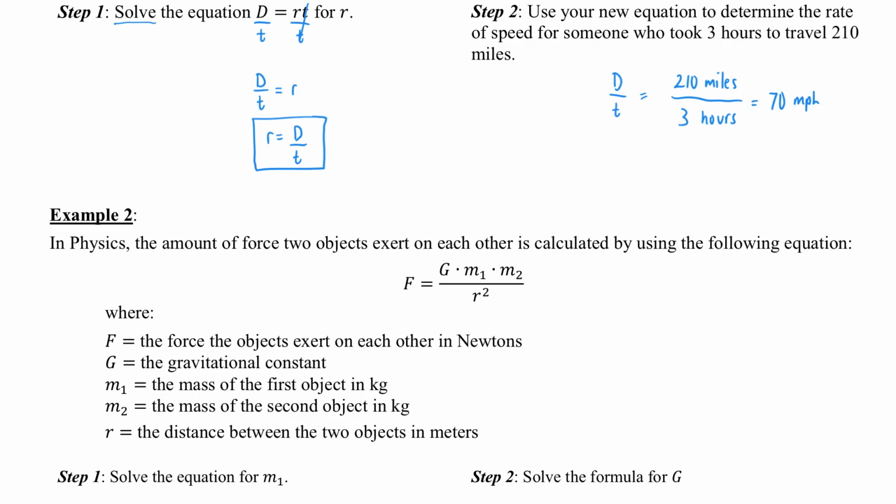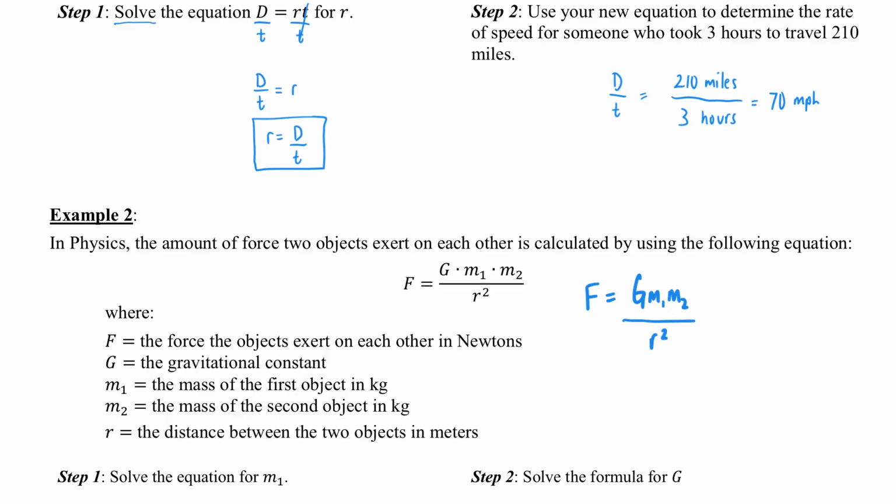So, okay, so basically this equation here, you don't really need the multiplication signs. The idea here is that you have F is equal to G times M1 times M2, and it's all divided by R squared. Okay, so G is the gravitational constant. It's just a number. It's a really, really small number. And then M1 is the mass of the first object.